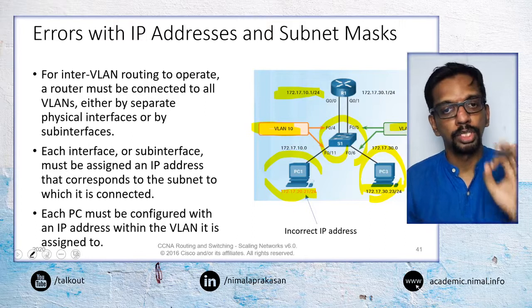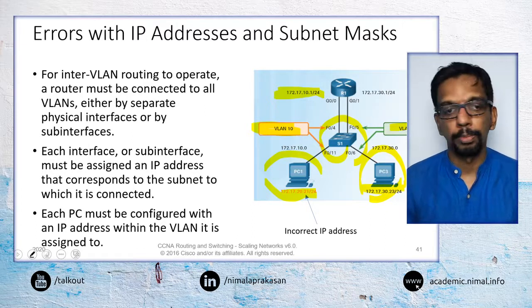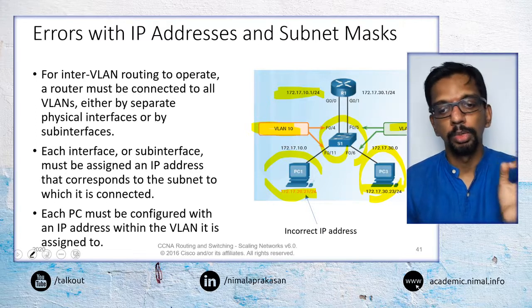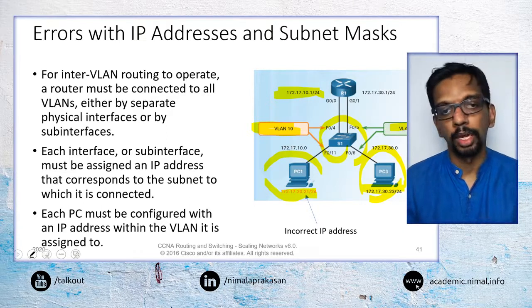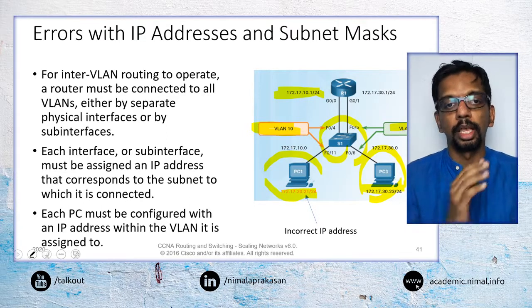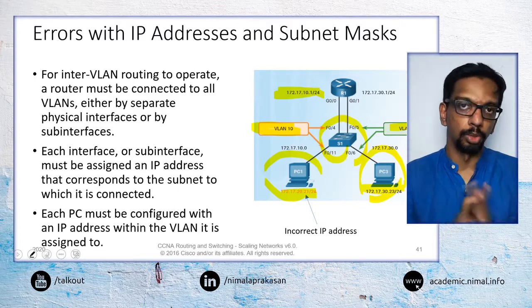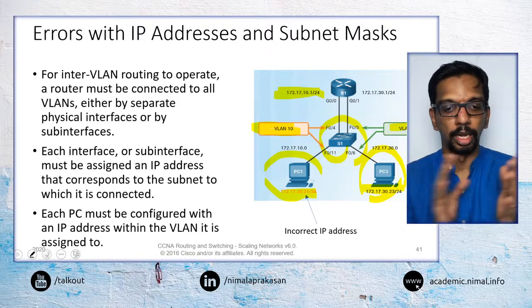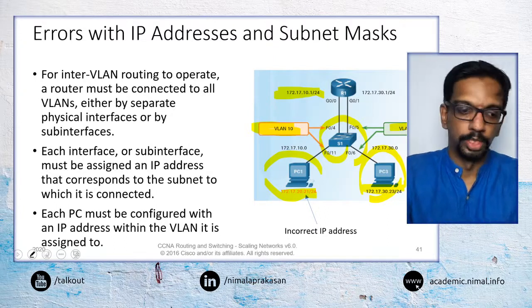So we have to assign IP addresses appropriately to match the sub-network we are using. This could be a common problem, particularly when IP addresses are assigned manually to host devices, where they may be using wrong IP addresses or subnet masks. Again, that may impede them from having proper communication or connectivity.